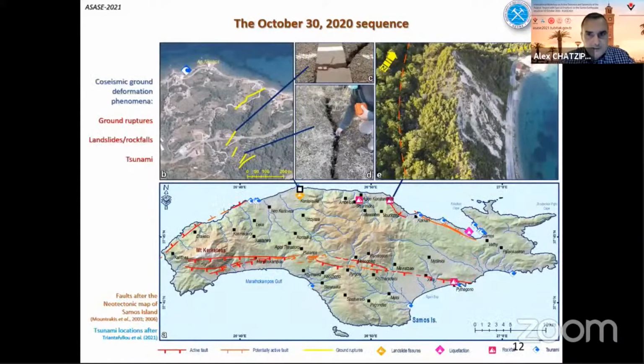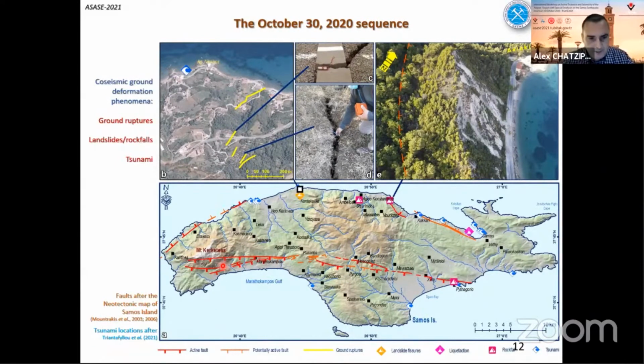So, as far as the surface effects are concerned, they have been presented by the previous speaker as well as yesterday by Galanakis and collaborators. This map is the neotectonic map of Samos with just the faults.